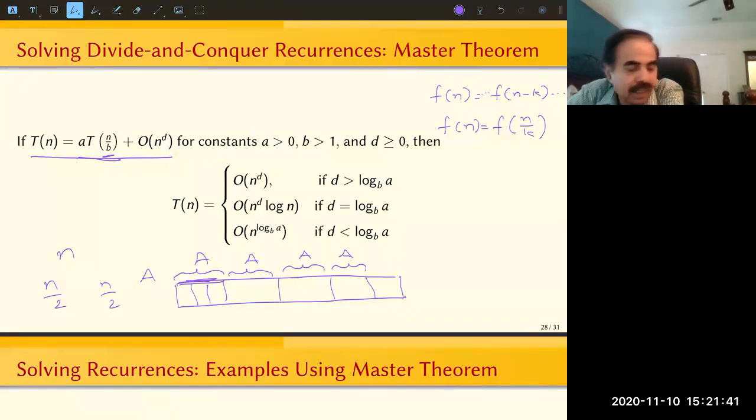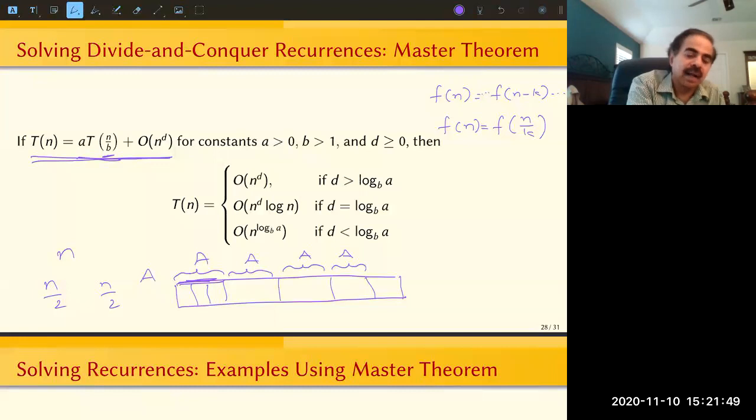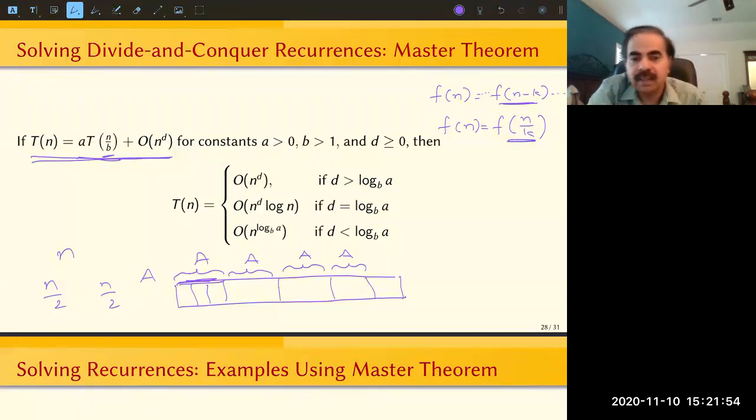You don't necessarily have to fully understand what a divide and conquer algorithm is, beyond the fact that these recurrences, where on the right-hand side instead of n minus k you have n divided by k, occur in the context of divide and conquer algorithms.